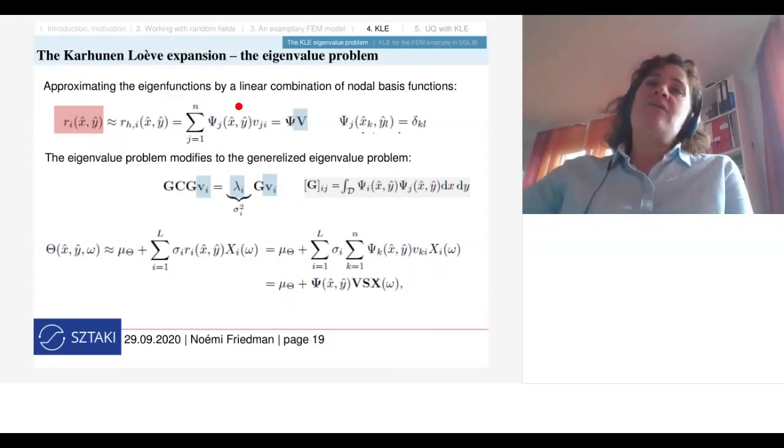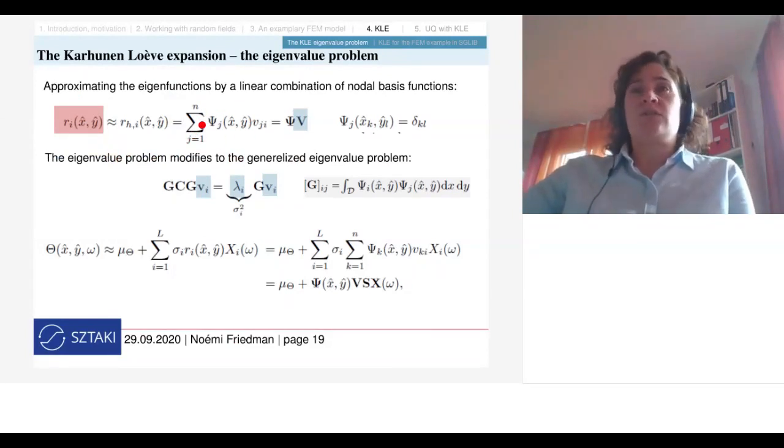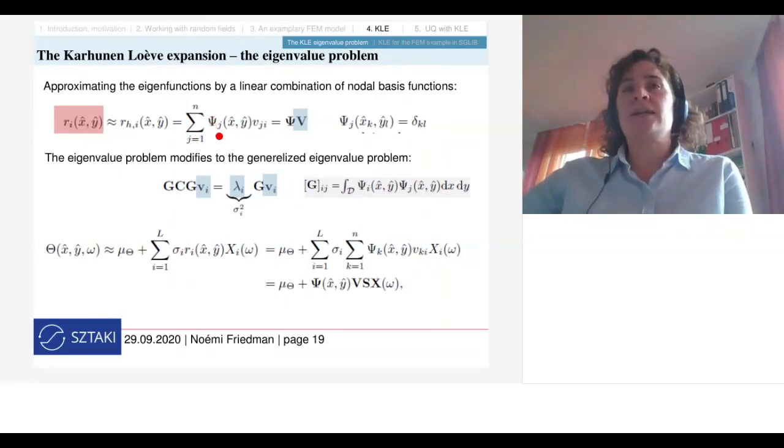Now I choose the psi functions to be some easy basis functions, and imagine here something like the finite element basis functions.